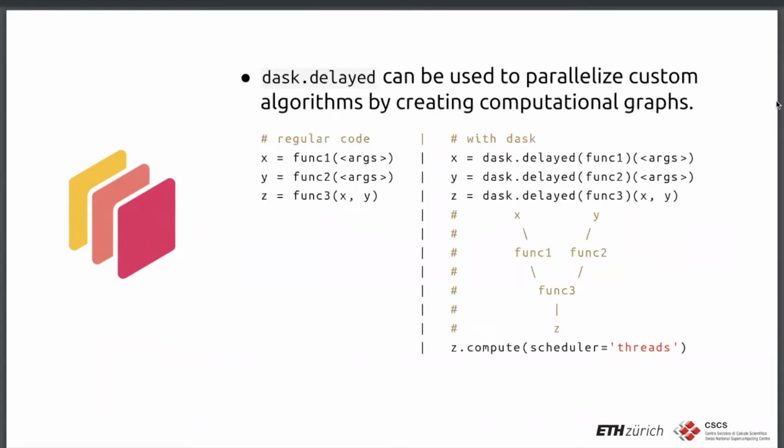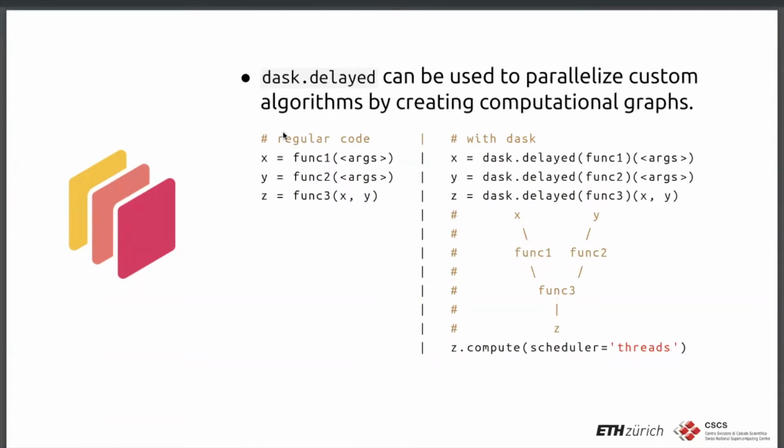So to start, the core, most basic part of Dask is the Dask delayed functionality. Dask delayed is a function that can be used to parallelize algorithms by creating computational graphs. And this is done like this.